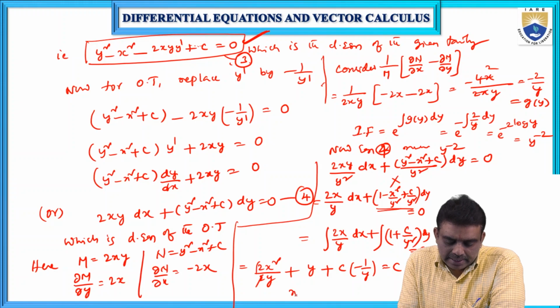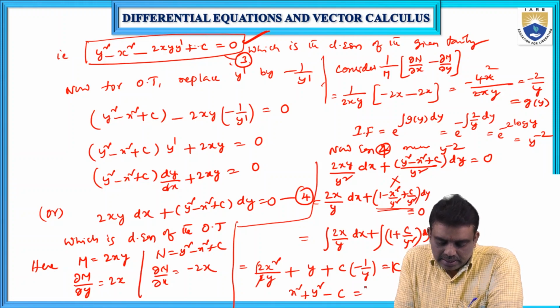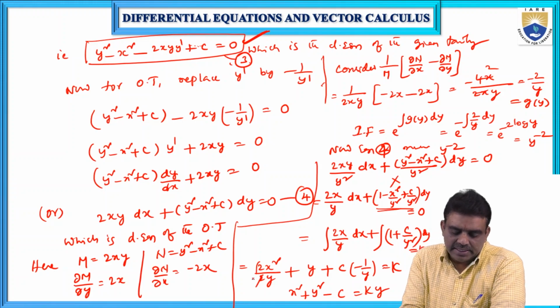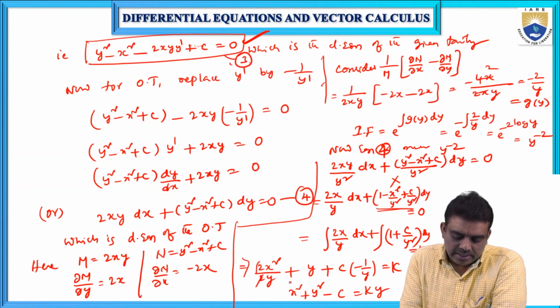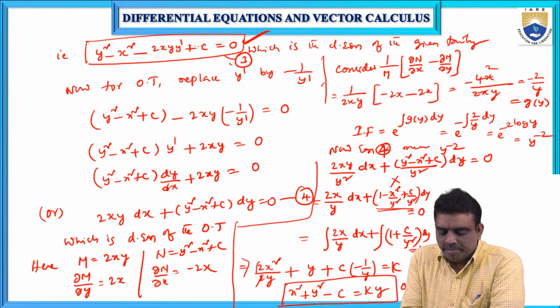2 to cancel, x square plus y square minus c, this is put k, the k is another constant, is equal to k into y, because y is the LCM on the left hand side. So y on taking outside, x square plus y into y square minus c is equal to ky, or this equation represents an orthogonal trajectory of the given family.